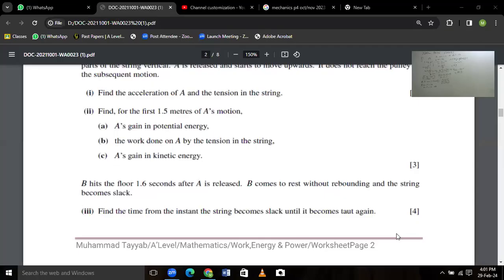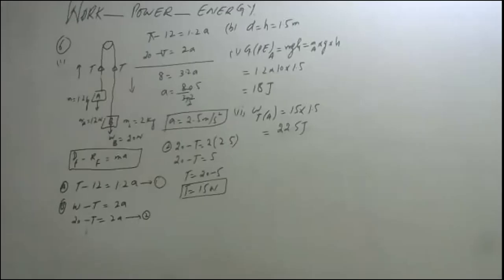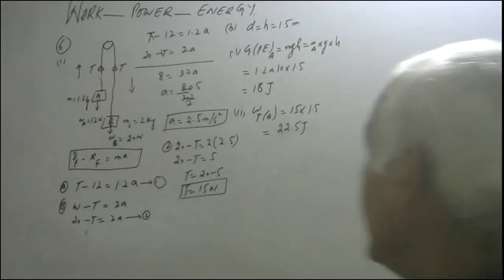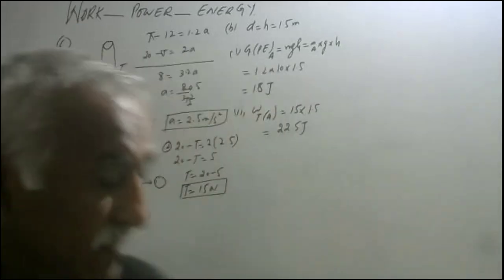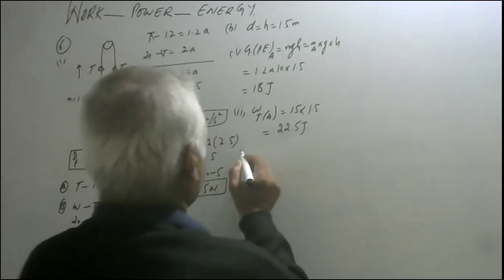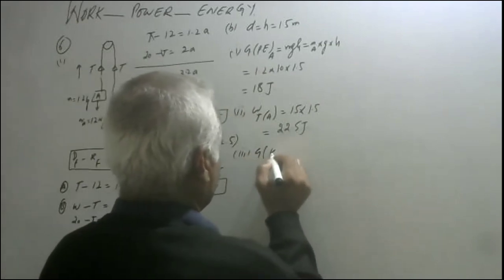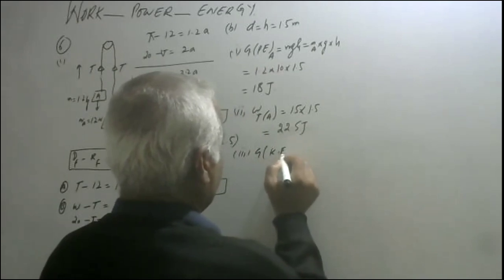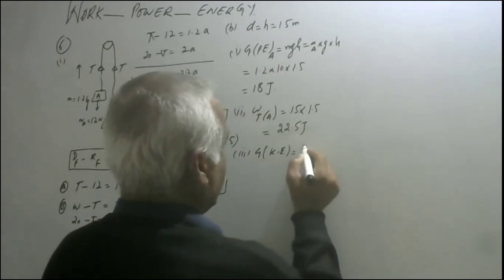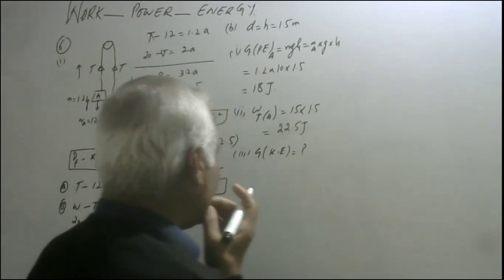Then the next part, they are asking A's gain in kinetic energy. So when they ask about the gain in kinetic energy for the particle A, that we are going to calculate.